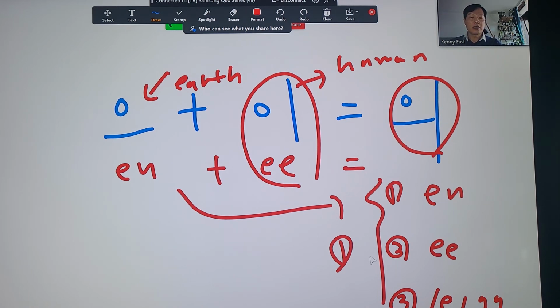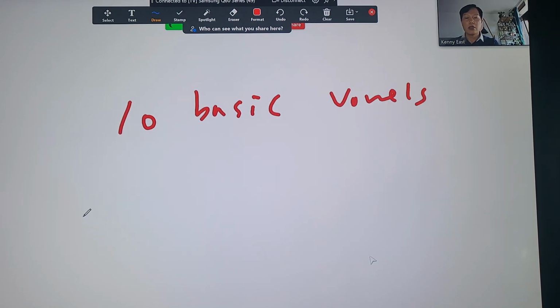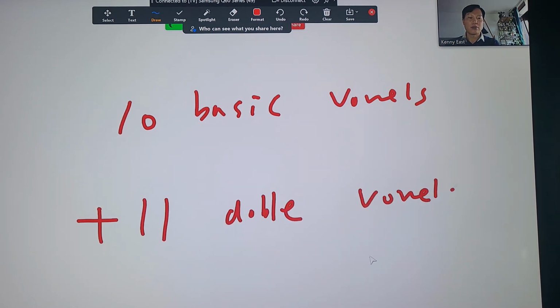So today we'll learn 10 basic vowels plus 11 double vowels. Not like Chinese, not like Japanese, Korean has a phonetic division between vowel and consonant, so you can create syllables. A syllable is the minimum unit to create vocabulary, right?